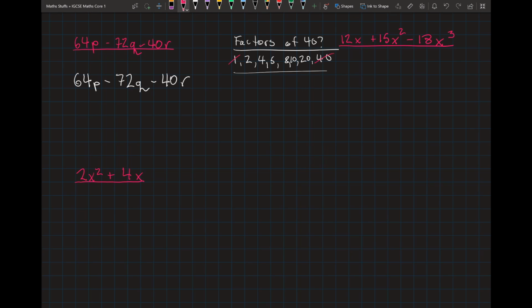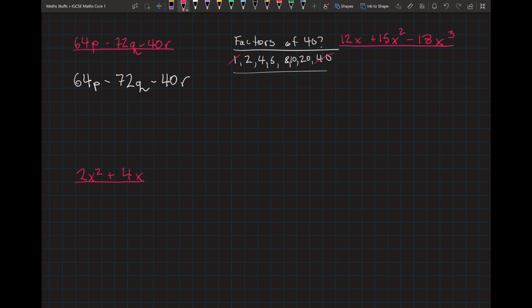I'm writing this out in too much detail. Eventually you should be able to just do this in your head, but we'll go through this slowly for this example. 1 and 40 don't help me because I can't divide 64 by 40 easily. Dividing by 1 just gives me 64. That's pointless. Same thing for 72. So 1 and 40 are out.